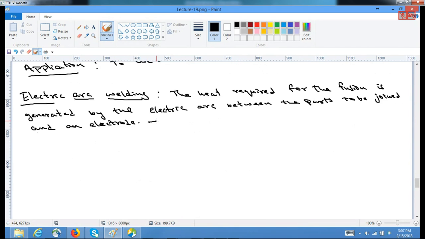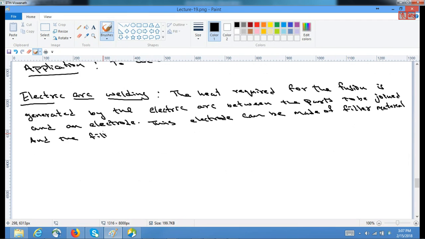This electrode can be made of filler material, and the filler gets consumed as the welding progresses.